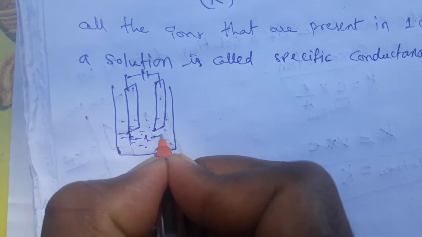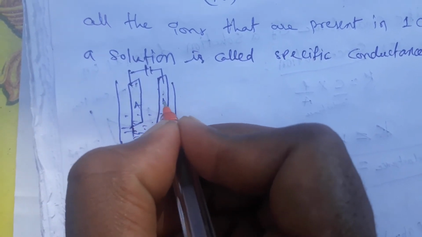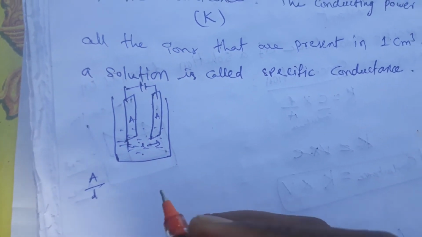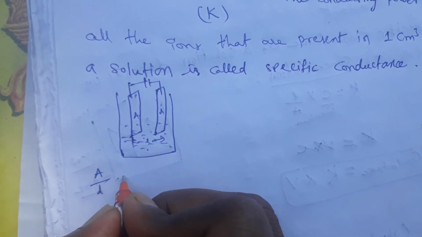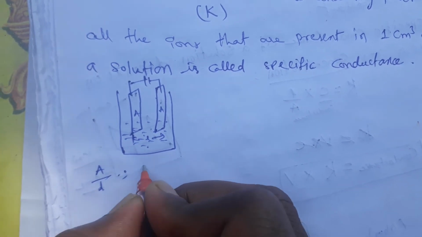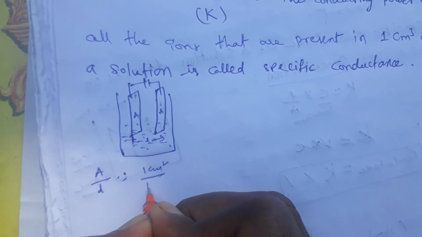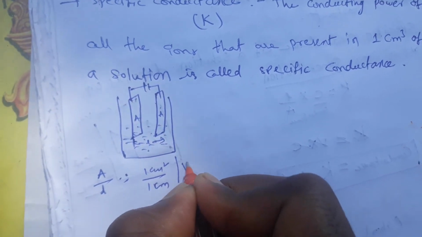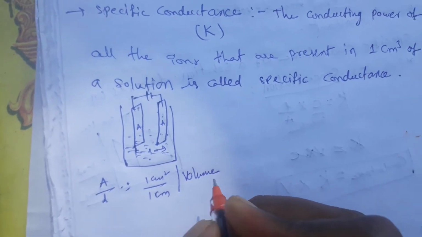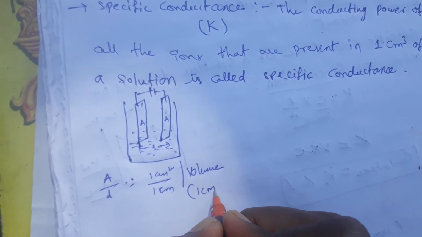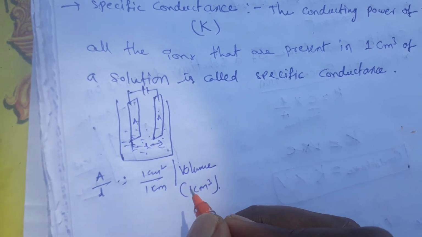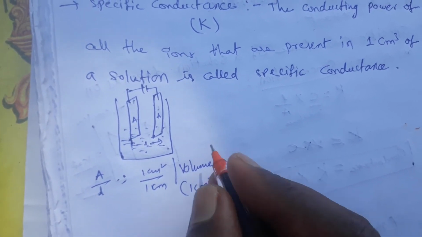So this is L and this is area A. If you take the area as 1 centimeter square and length 1 centimeter, the total gives you the volume, 1 centimeter cube, that is 1 ml of solution we are taking.